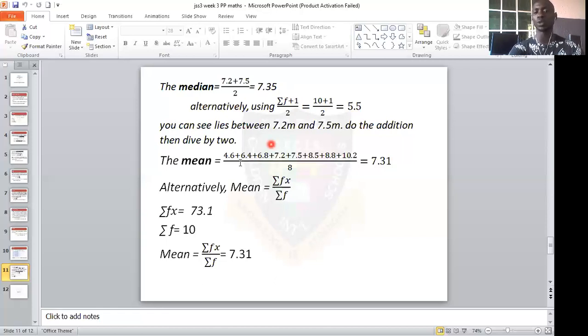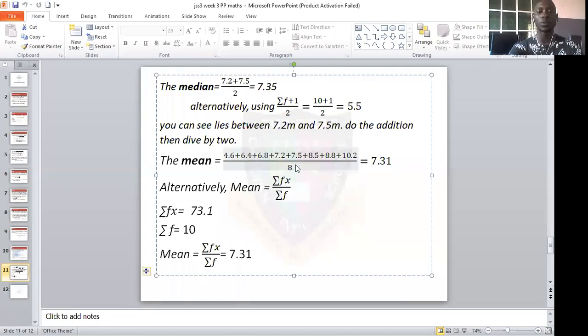But earlier we told you that this is the summation of all the numbers in the set divided by the number of set data. So the total number of our set data is 10.